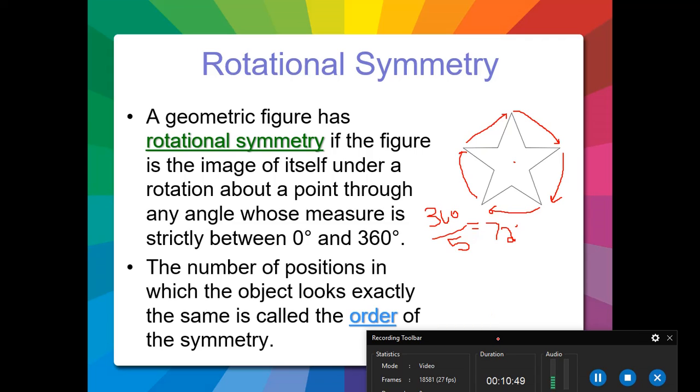The number of times that it takes you to turn it to get it back to its home position is called its order. So for the star, I would have to turn it 5 times to get it back to its home position. So this figure has order 5.